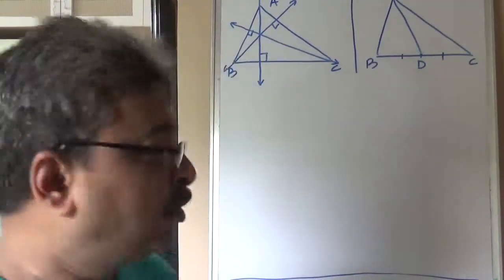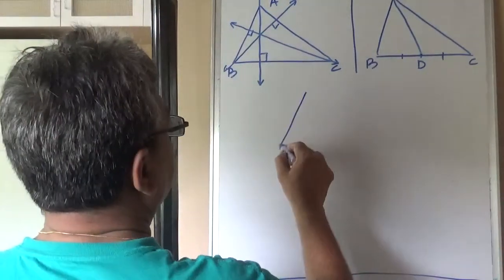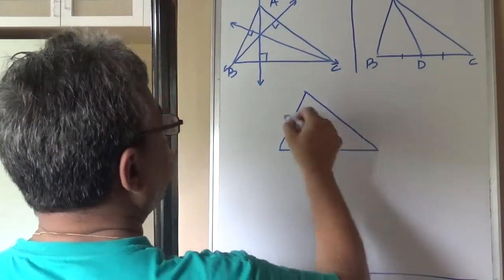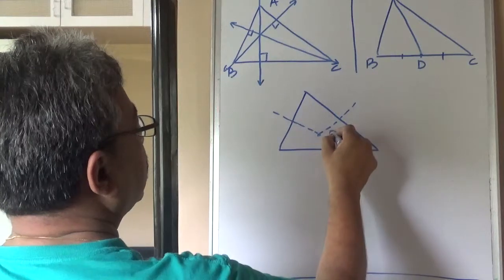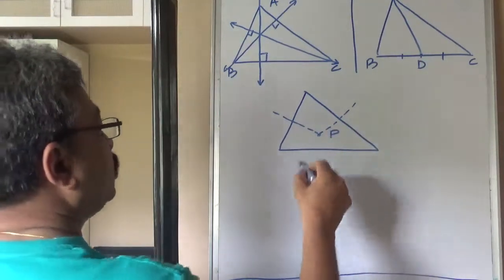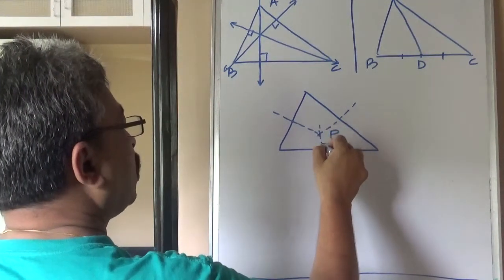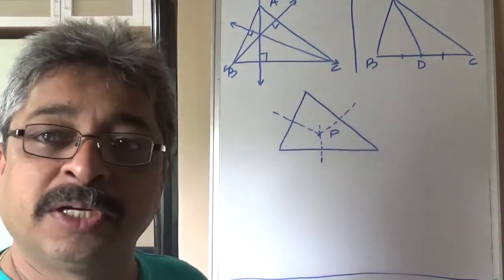We have already seen the concurrency of perpendicular bisectors earlier in this lecture series. If you recollect, what did we do? We drew two perpendicular bisectors, got the point of intersection P, and then showed that P also lies on the perpendicular bisector of the third side.